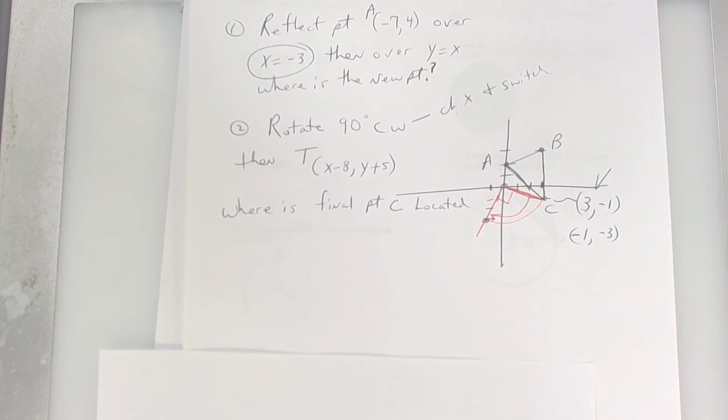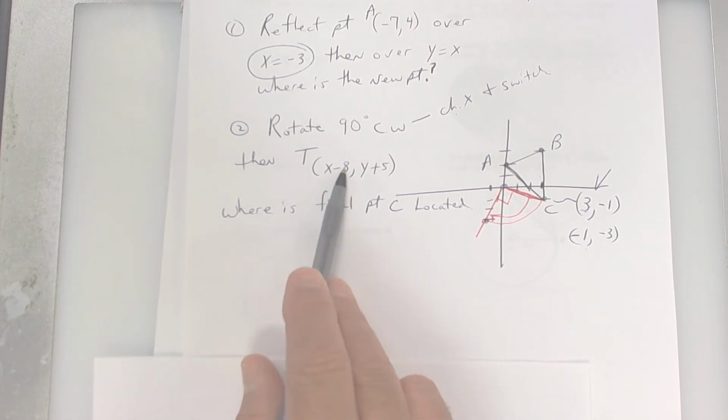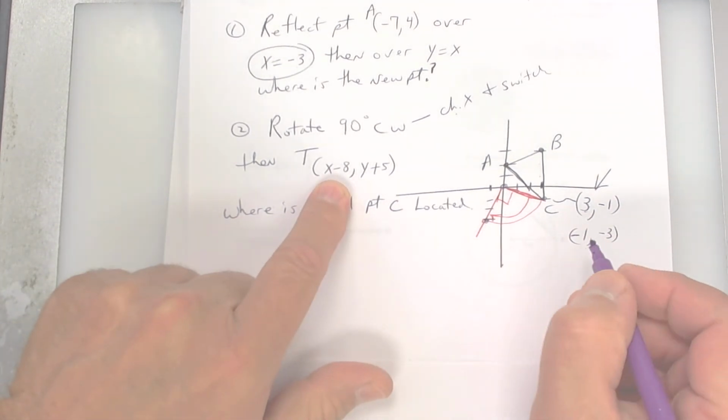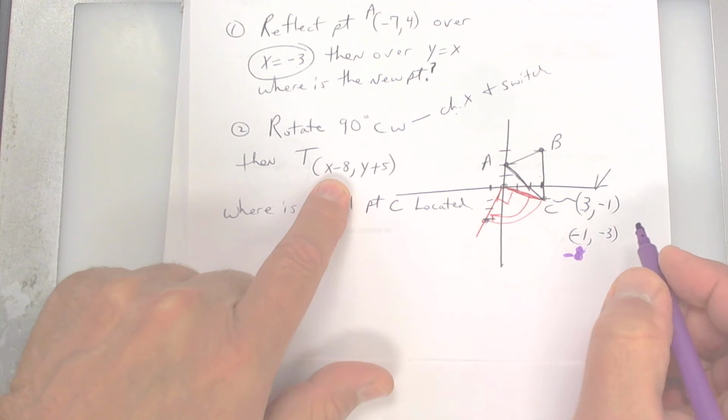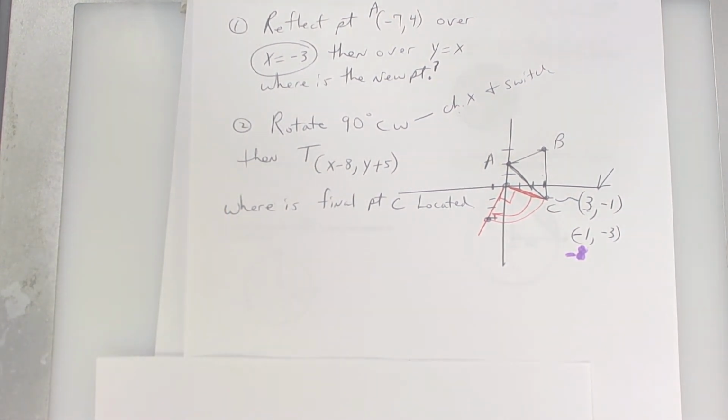Okay, now that I have the new point, what I want to do is translate it. So my X, I'm going to put a -8, and I'm going to use a different color there. So according to the translation, which is a slide, I'm going to put a -8 with my X, and that didn't come out too good. So let me try a different color.